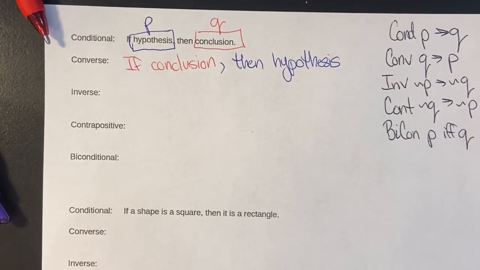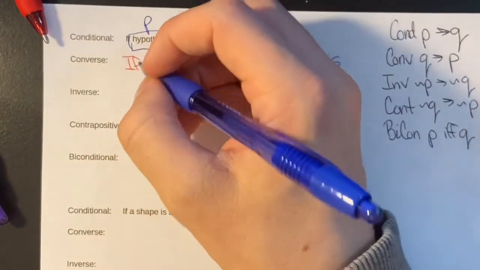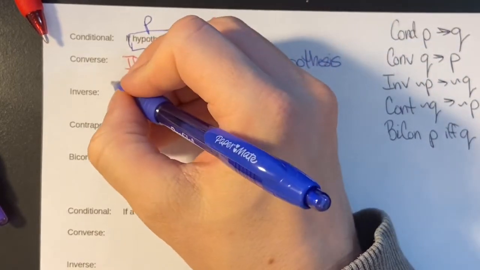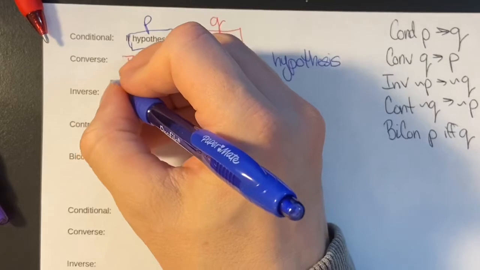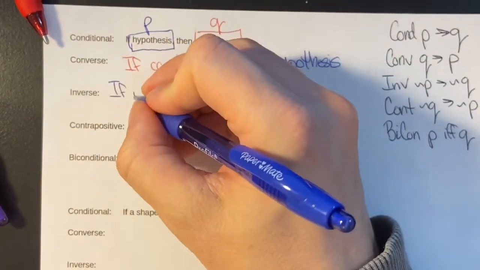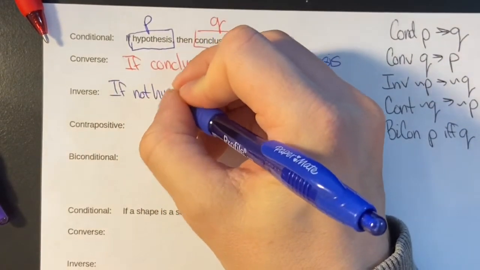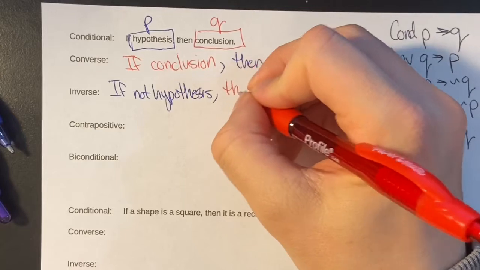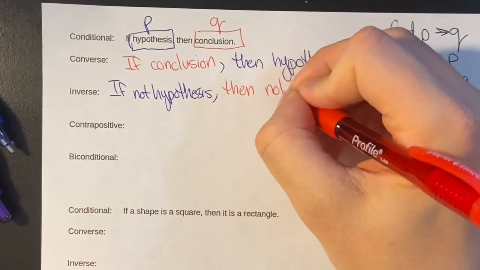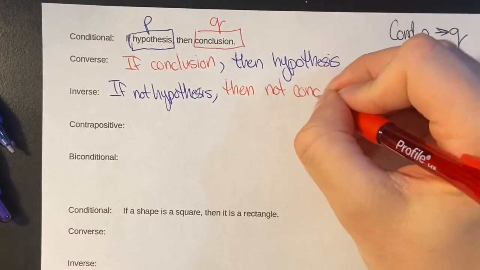The inverse throws nots in front of these things, not like K-N-O-T-S, like N-O-T-S. So the inverse is you go the normal way, but you say if not the hypothesis, then not conclusion.